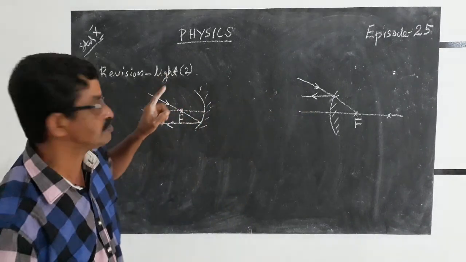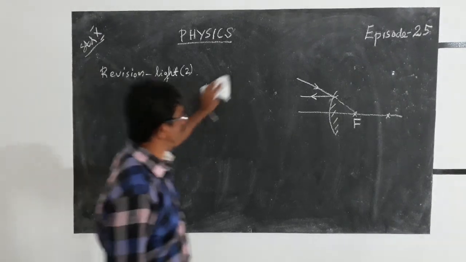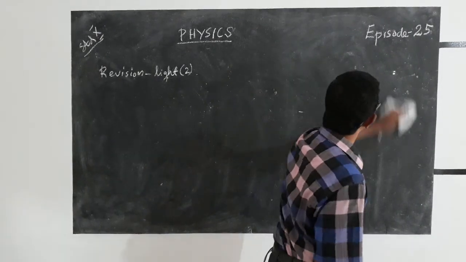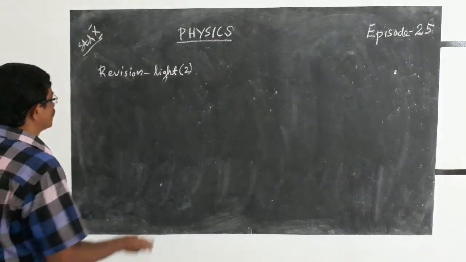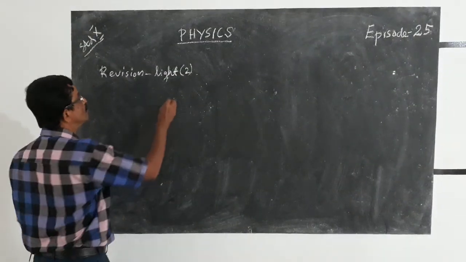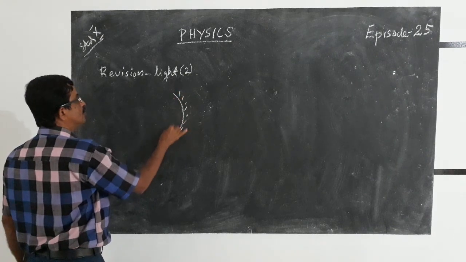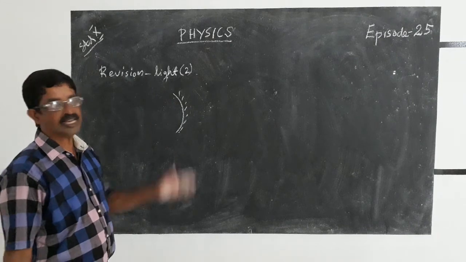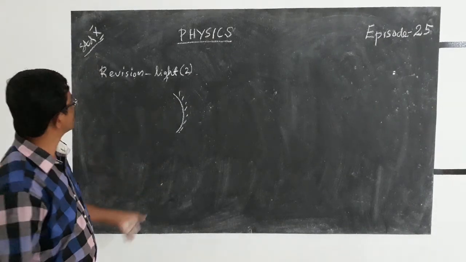Now see another case. This is a mirror. Its surface is not plane, so it is curved. Hence, it is called a spherical mirror.